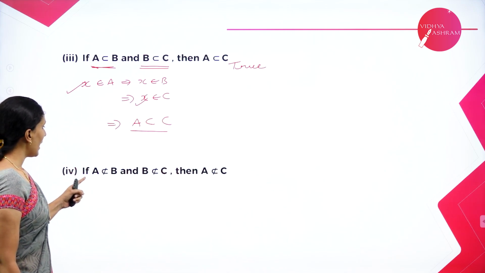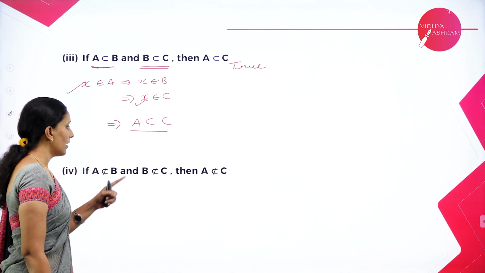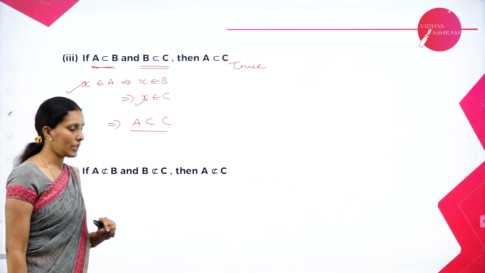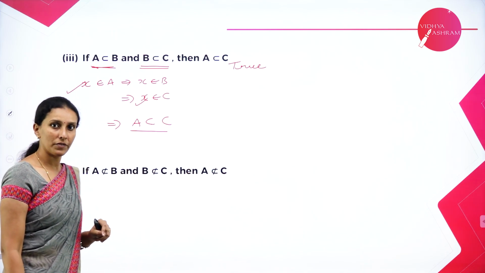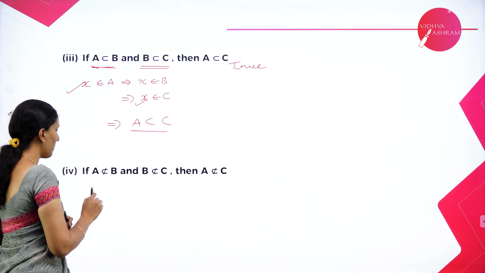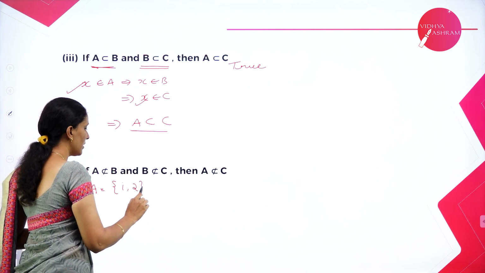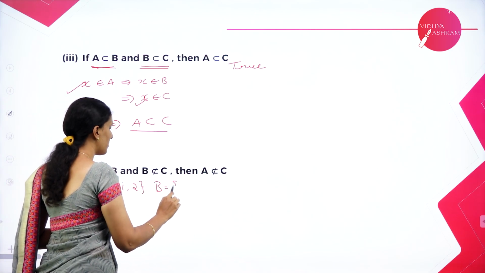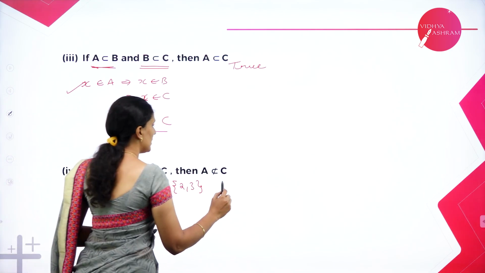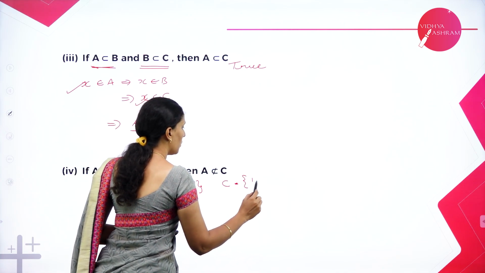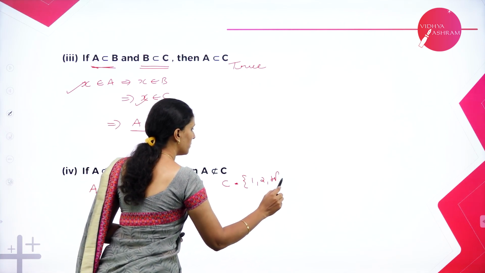Next we have: A is not a subset of B, B is not a subset of C, then A is not a subset of C. Let me take an example. Set A has elements 1 and 2. Set B has elements 2 and 3. Set C has elements 1, 2 and 4.